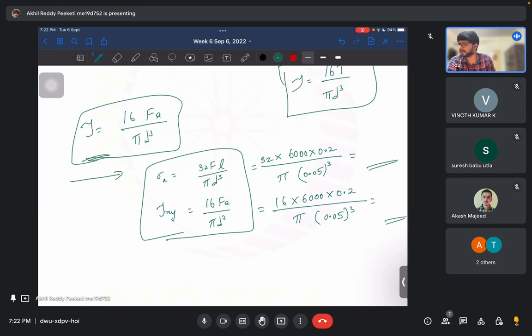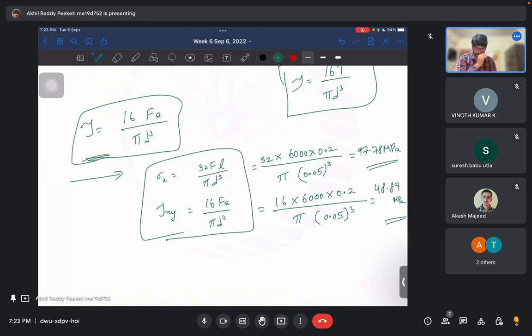If you plug all these numbers in, I am directly writing the answer in megapascals. So this would come around 97.78, and this would come around 48.8.